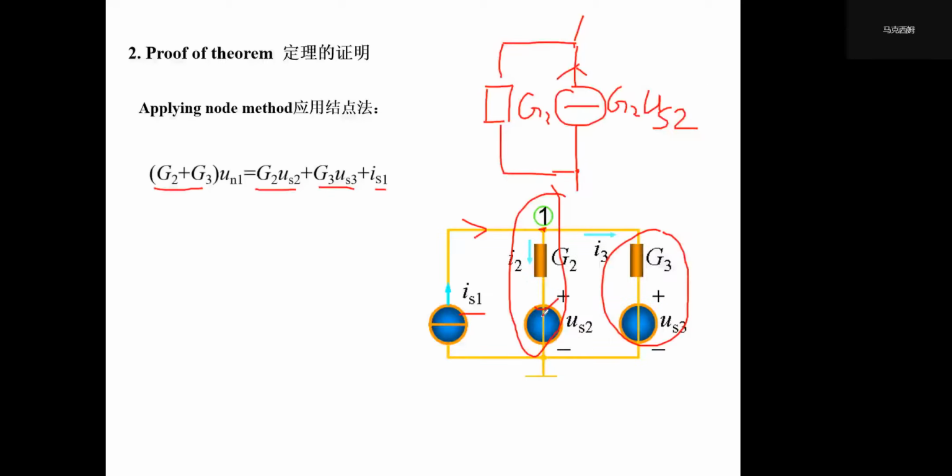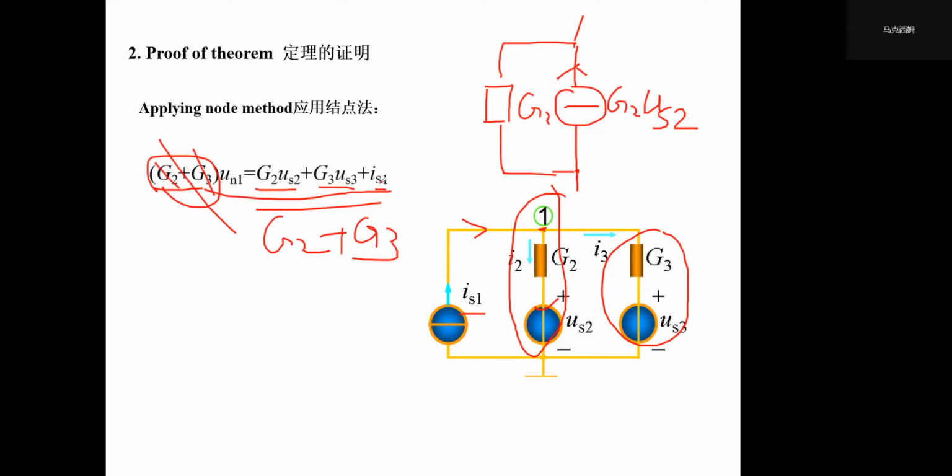Since we have gained this formula, we can move the G2 and G3 terms to the right side, so we don't have G2, G3 on the left side.